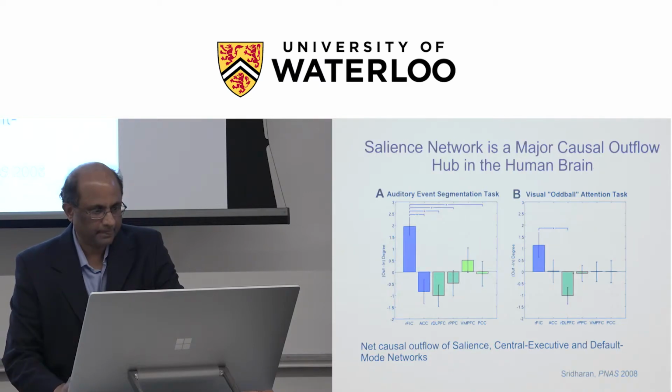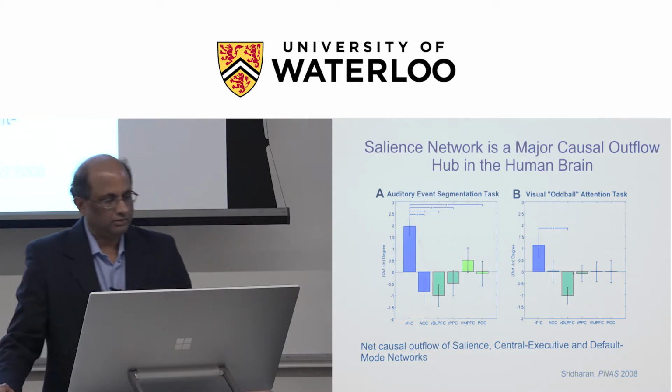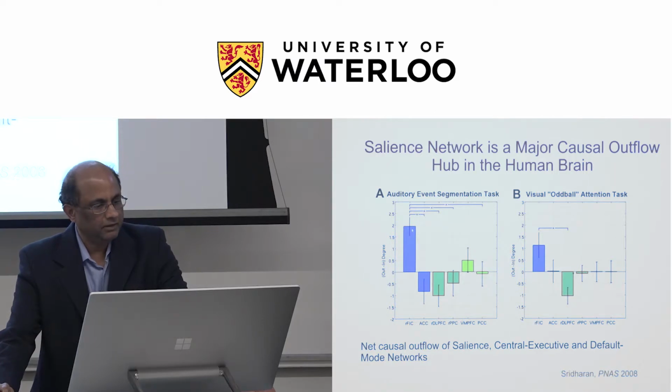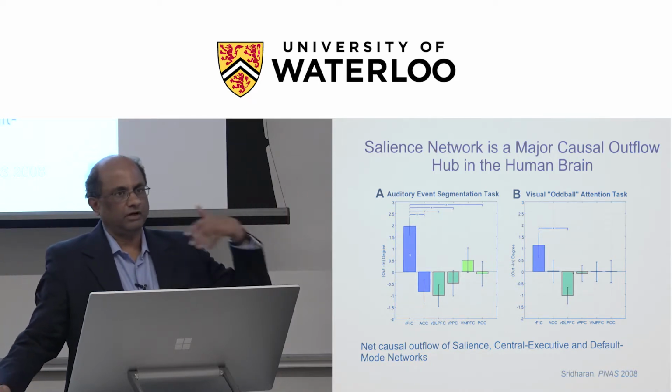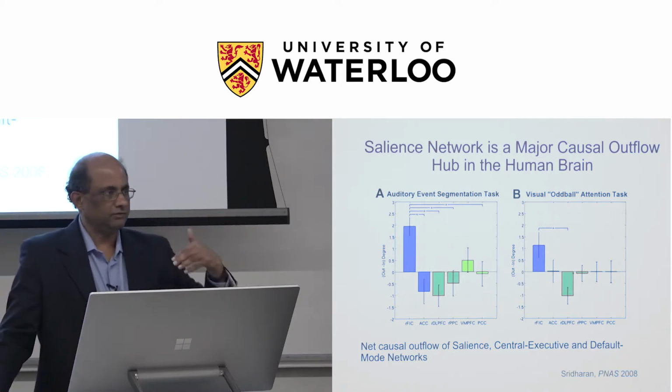and then triggering other systems. Now, this actually makes it evident across these two tasks, the one that I just showed you, as well as an auditory event segmentation, where there's a brief pause between episodes of auditory sequences. And you can see that in both cases, so this is not really modality specific, this is really counting the number of out degree flows in the graph, in the directed graph versus the in degree.